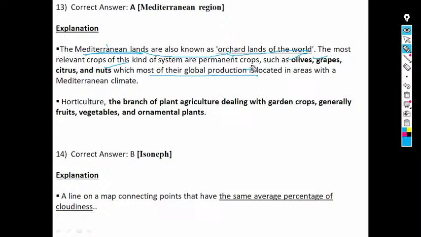Horticulture is the branch of plant agriculture dealing with garden crops, generally fruits, vegetables and ornamental plants.